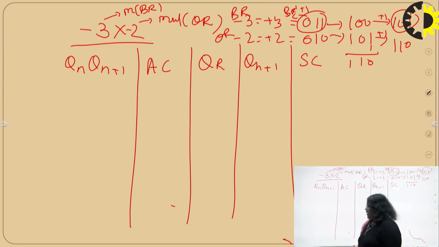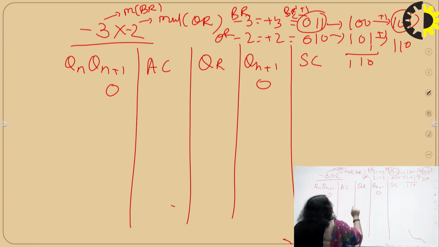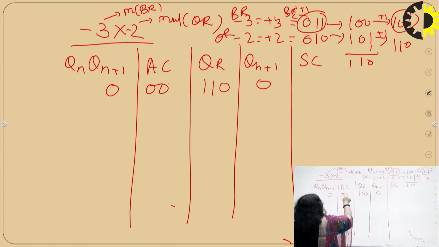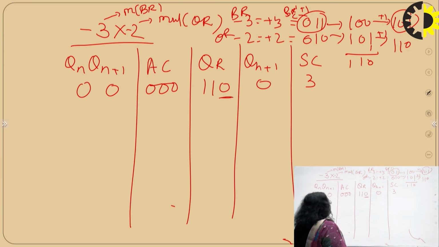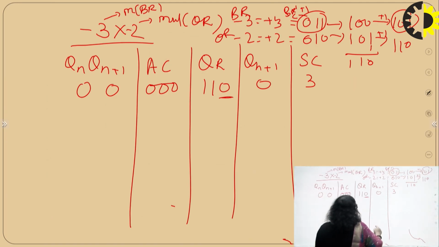Initially the Qn plus 1 value is 0, the value of QR is 1 1 0, the accumulator register value is 0 0 0, the sequence counter is 3, and the Qn value is 0, so it is 0 0. In the first step, if the value is 0 0, then we do the arithmetic shift right.